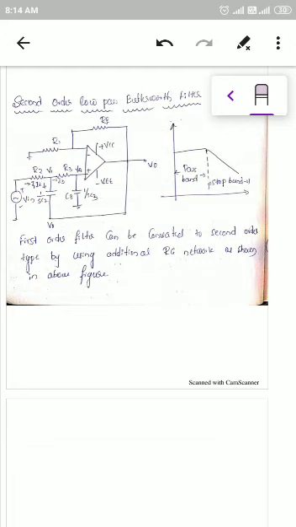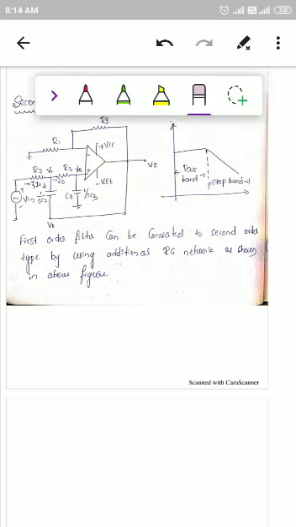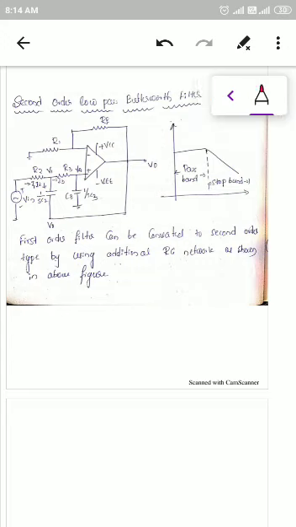So once again, it is a schematic representation of a second order low pass Butterworth filter. This will be the equivalent circuit, and this is the frequency response characteristic. As it is a low pass filter, this is the FH point, that means higher cutoff frequency.